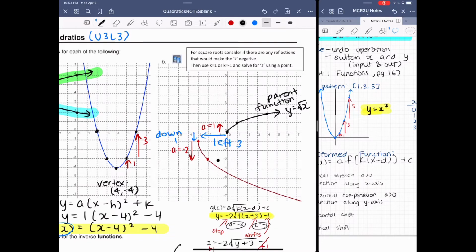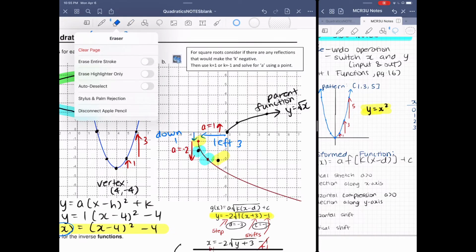Second, I have -2 comma -3, so instead of that, I have -3 comma -2. So basically, what's going on is this matches up with this. This matches up with this.